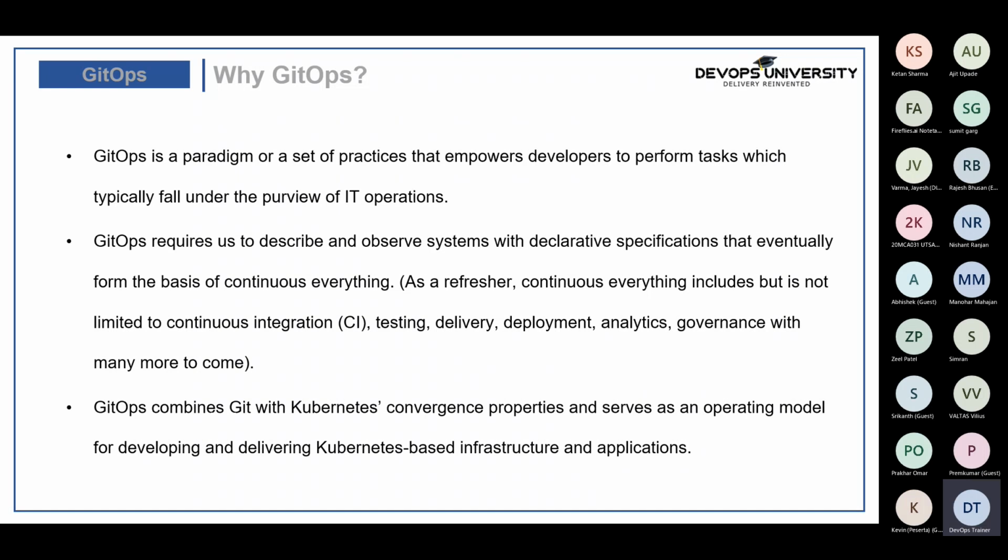For the last 5-10 years, everyone has been talking about it, trying to understand what exactly DevOps is all about. But suddenly, why did GitOps or these kinds of new terminologies start coming up?